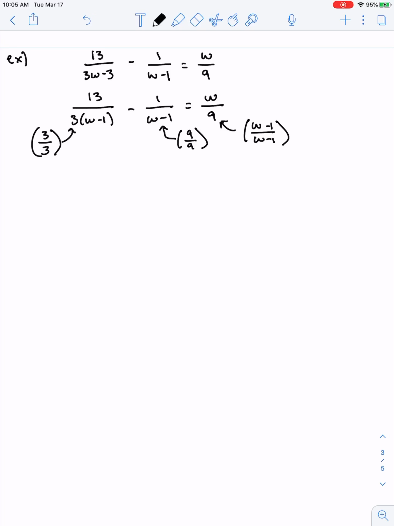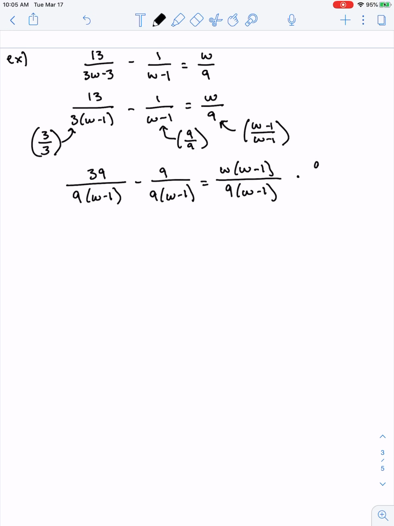And if you do that, 13 times 3, you get 39 over 9 times w minus 1, minus 9 over 9 times w minus 1, is equal to w times w minus 1 all over 9 times w minus 1.